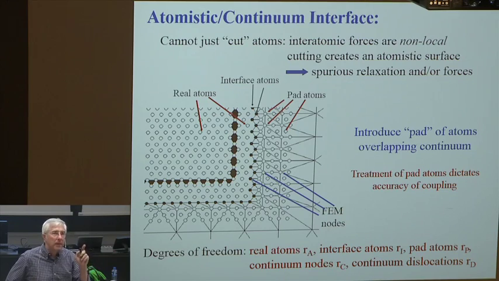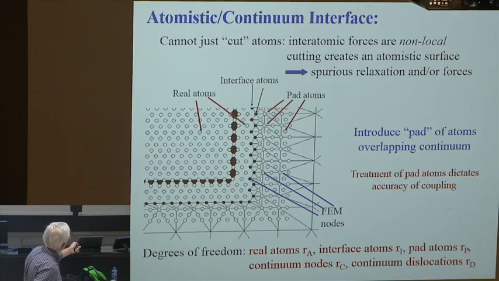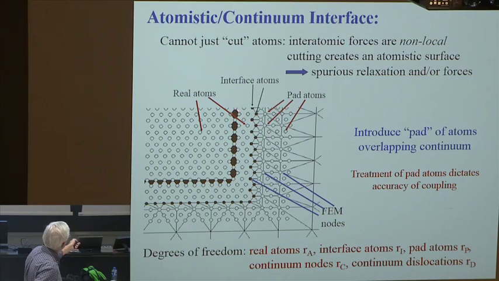Finite element problem gives me displacements. I use the interpolation of the finite element fields to tell me exactly where these atoms should be. I then put those atoms in, and those atoms then exactly transfer all the correct forces to the real atoms in the system.